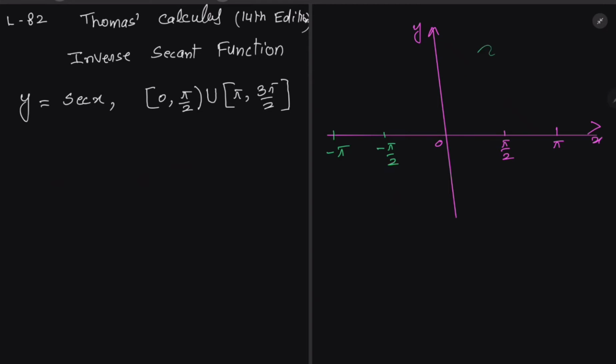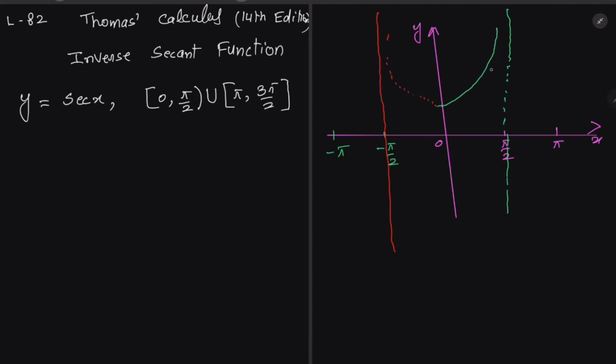When it starts from 1, it can go towards the right like this, concave up, and remember that these are the walls. Similarly, the other part will go like this, and these are the vertical walls.